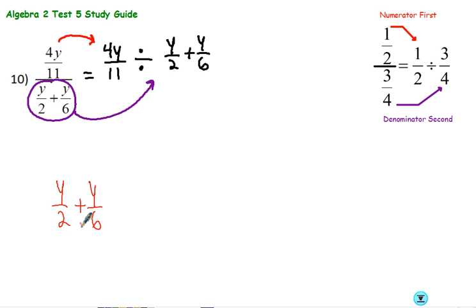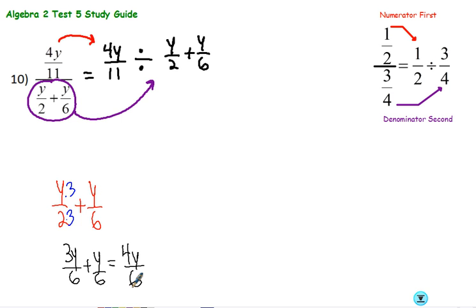What number does 2 go into 6? Well, 2 goes into 6 3 times. So you'd multiply top and bottom by 3. And then what you're left with is 3y over 6 plus y over 6 equals 4y over 6.